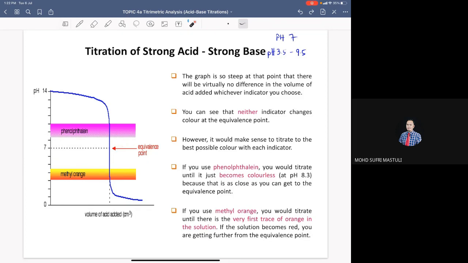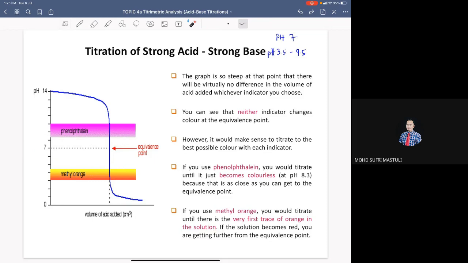Okay, at pH 8.3, because this is the closest you can get to the equivalence point. If you want to use methyl orange as the indicator, you would titrate until there is a very faint trace of orange in the solution.